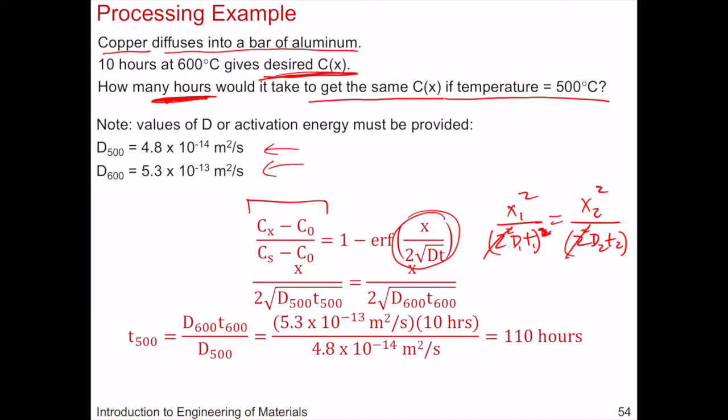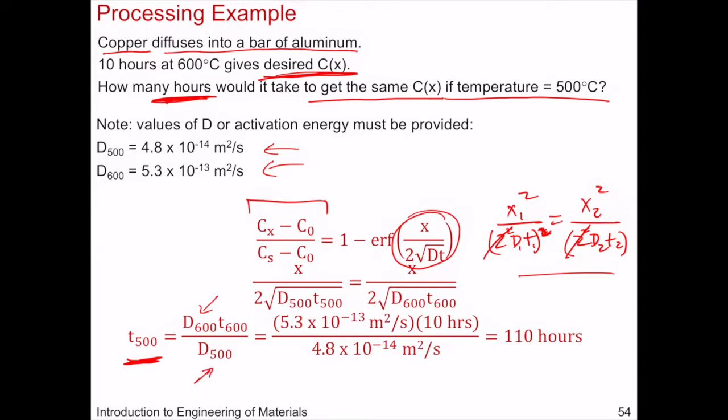These are just prefactors, so they'll just cancel each other out. And so if we rearrange this equation, we can calculate the time that it takes at a lower temperature if we're given the diffusion coefficient at the higher temperature as well as the lower temperature.